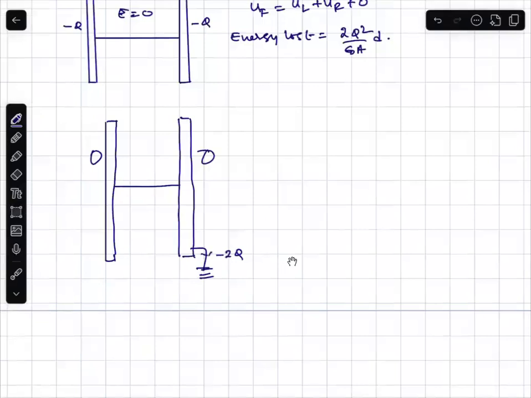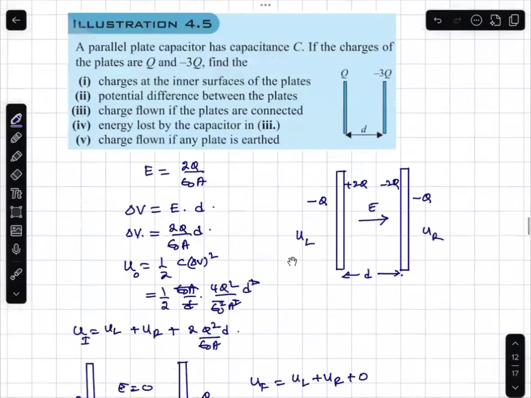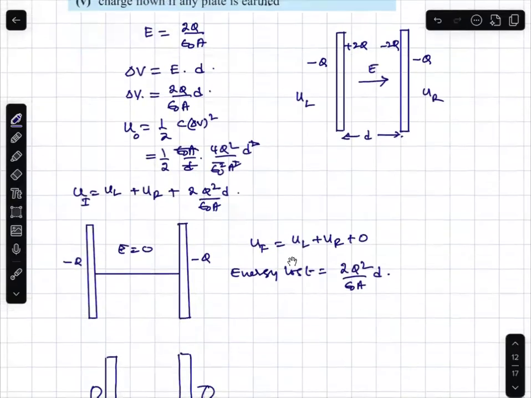In that case, the amount of charge that goes through the ground is minus 2Q, from the right side plate to earth. I hope I have given you sufficient clarity on this. Clear? Right. Sure? This is a basic question related to the previous content of electrostatics.